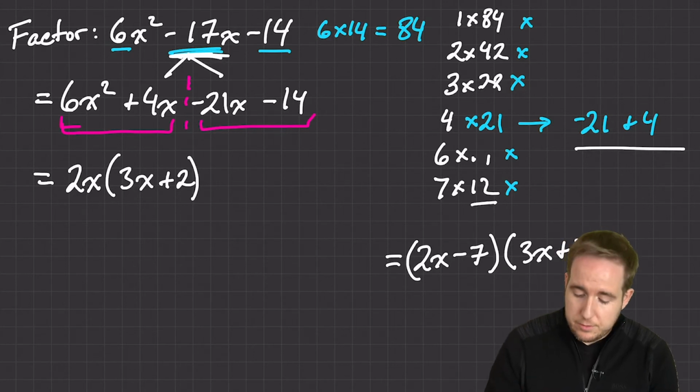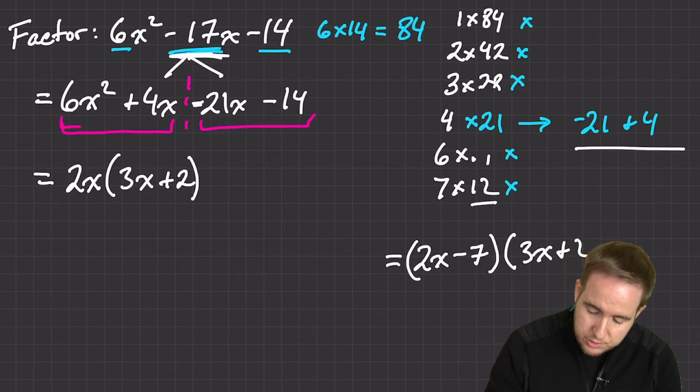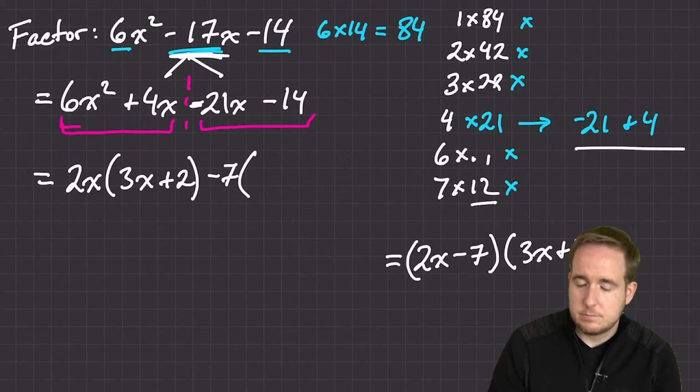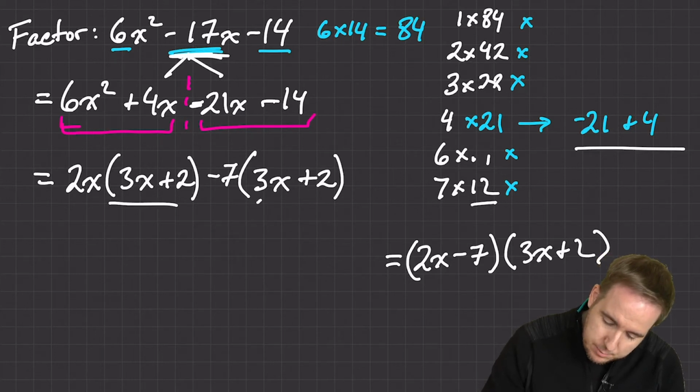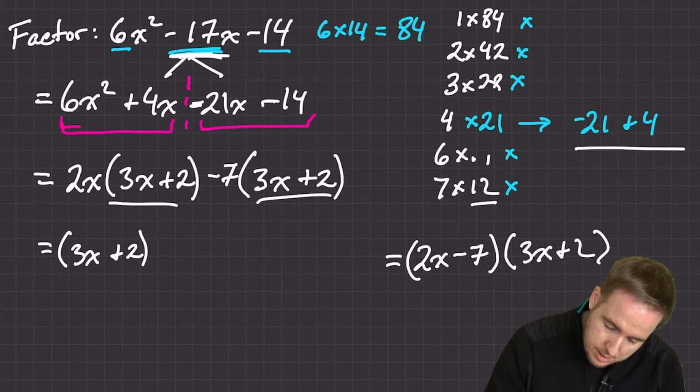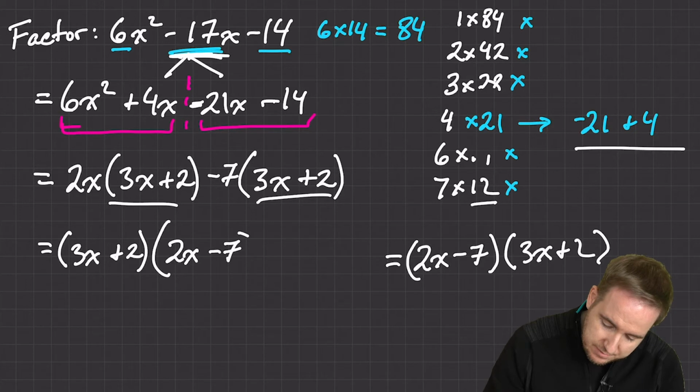And one hint I will give you is, if the first term starts with a negative, you take the negative, always. This leaves 3x, and because I took the negative, this is now plus 2. And now, oops, I'll put that there, both of these end with the same bracket. I can pull that in front, and I'm left with 2x minus 7.